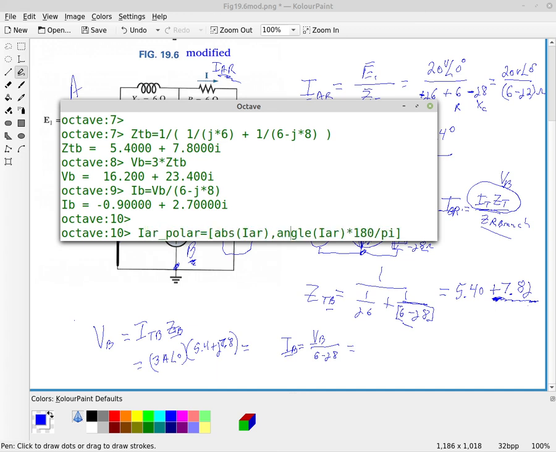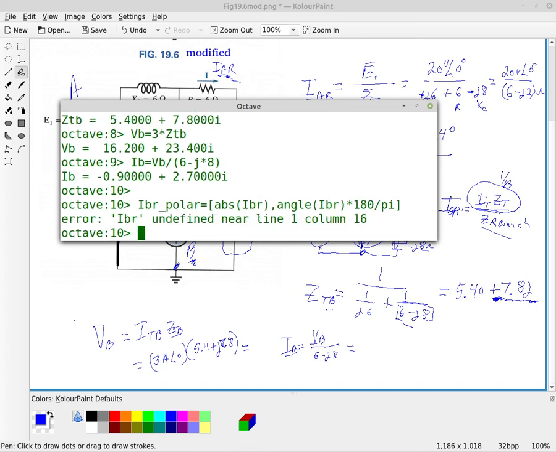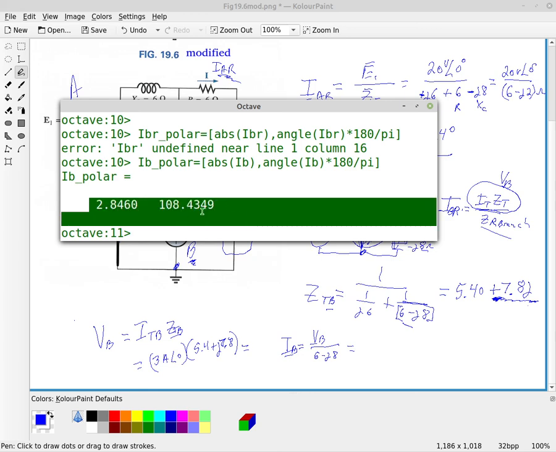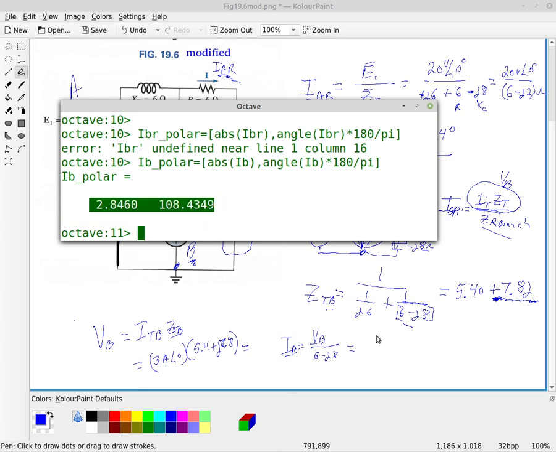If we wanted that current in polar form, we can just recall this equation and change the A's to B's. I guess I didn't put the R's in there, it wasn't very consistent, so I just called it IB. And so that gives me that total current.